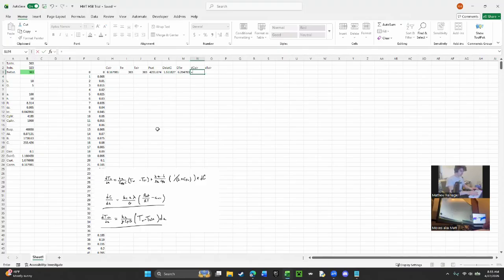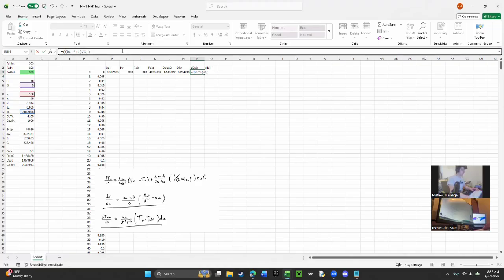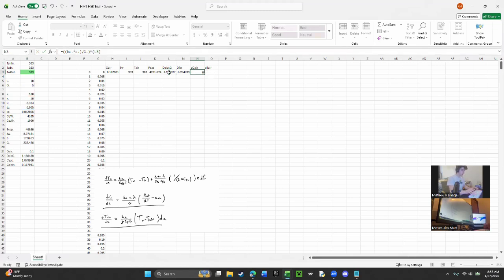We're going to type Kc multiplied by the coefficient, and then we're going to divide this by G and then multiply by delta C. And then to get the concentration of the air, it's going to be done the same way.